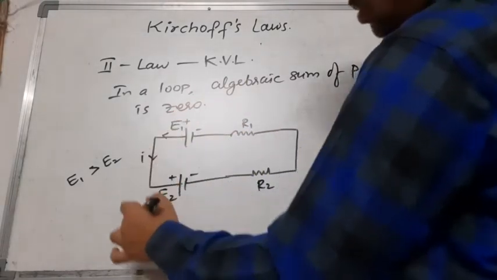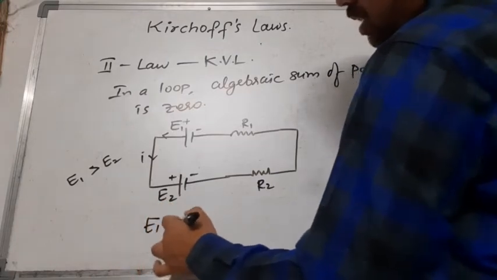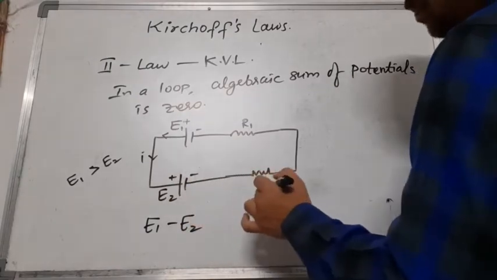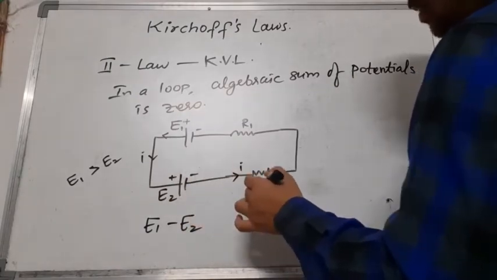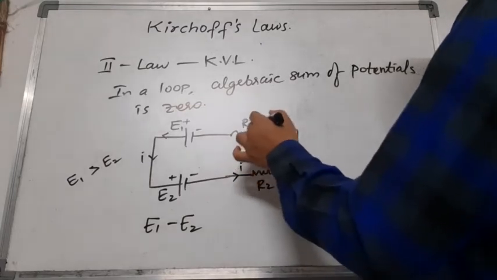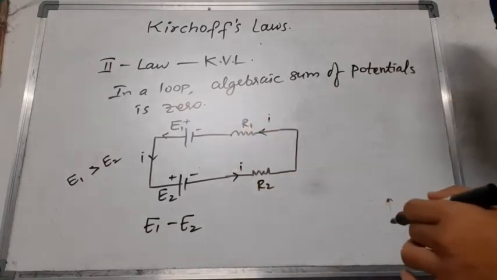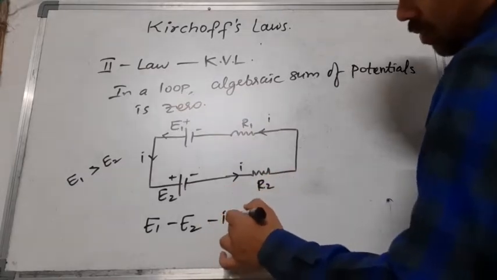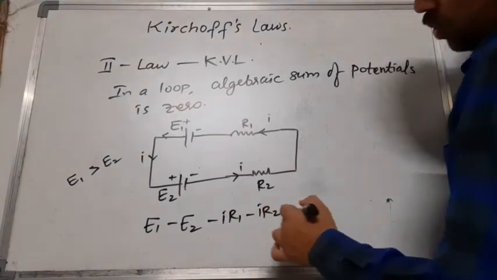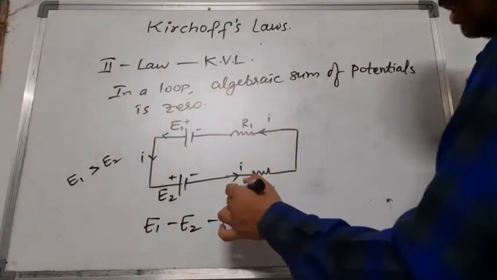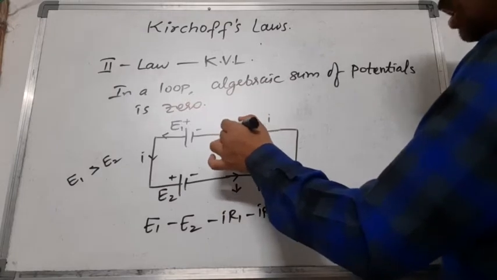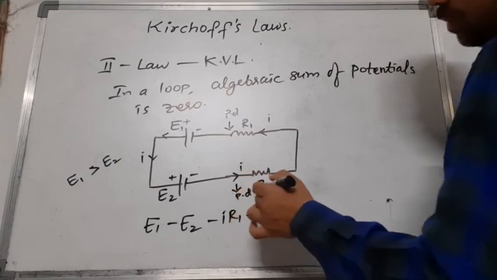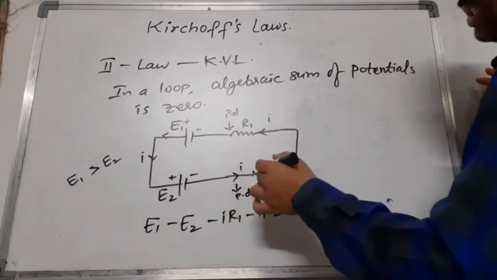So this one I am taking, E1 minus E2, and the current I is flowing through R1, R2. Now minus IR1 minus IR2, because this is a potential drop, and here also a potential drop, and the potential will decrease at this point.